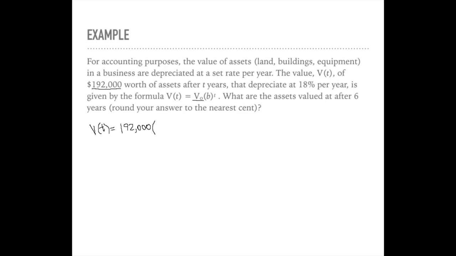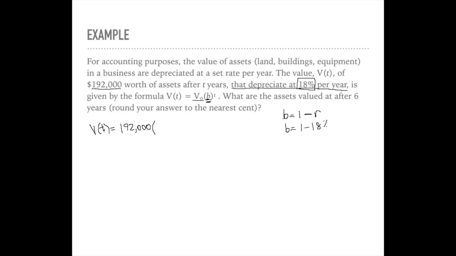For my B value, we're told that it depreciates at 18% per year. From the last problem, we saw that the B value is equal to 1 minus R. We're subtracting because we're depreciating. So now that we have a percent, again, every time you see a percent, think 1 plus R, 1 minus R. So my B value, which is what they're asking for next, is going to be 1 minus 18%.